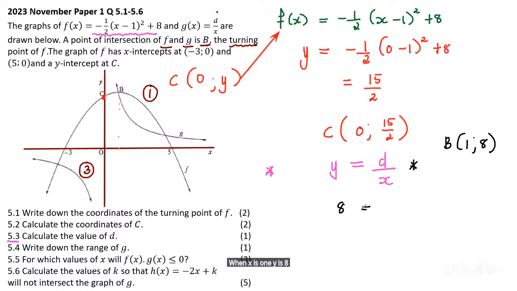That will help me to find D. Cross multiply. The value of D is 8, because that point B, the point of intersection, is available on the graph.